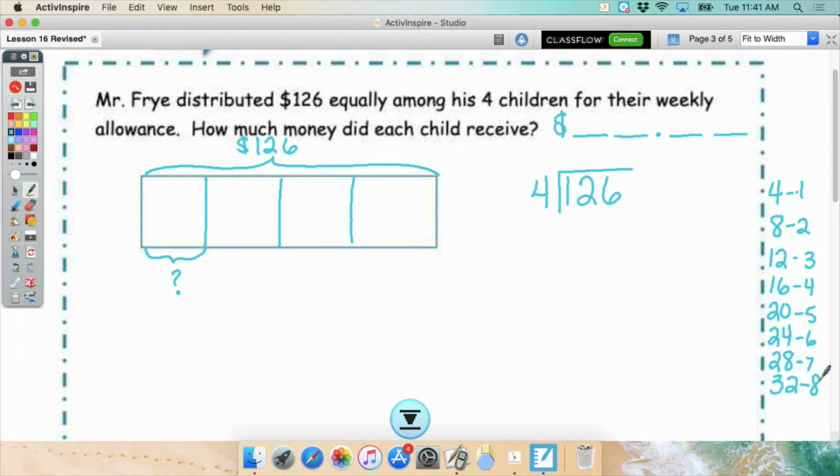So, let's see here. Lauren, what should I divide into? The 1 or the 12? The 12. So I'm going to put a box around the 12.